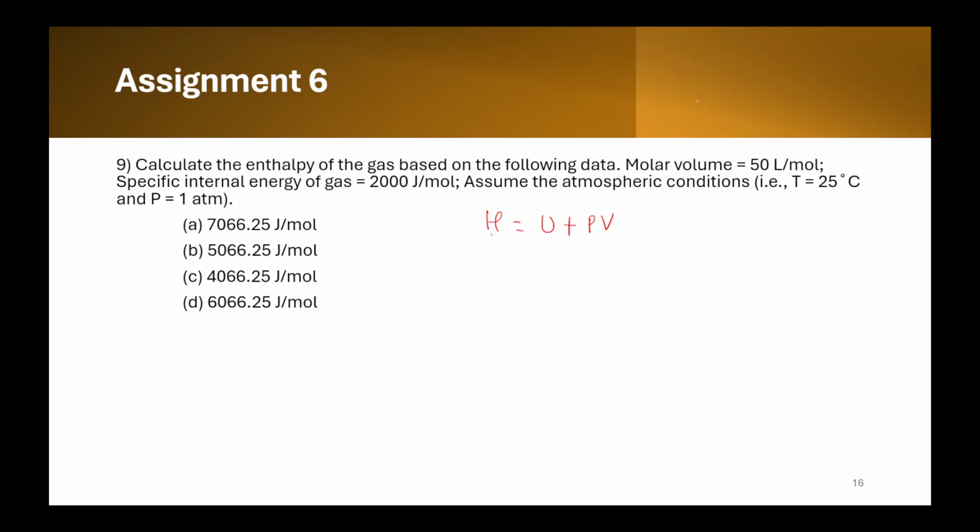So we know the specific internal energy of gas. So we need to calculate basically the specific enthalpy, which is in terms of joule per mole. So this will be H cap equals U cap plus P V cap. So we know the specific molar volume as well.